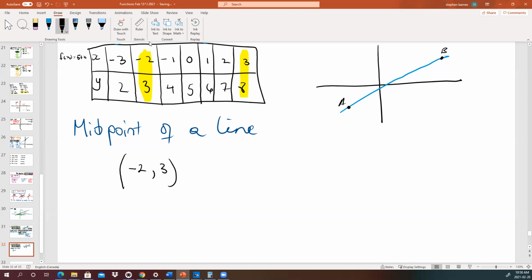And then B, X value comes first, so that's (3, 8).